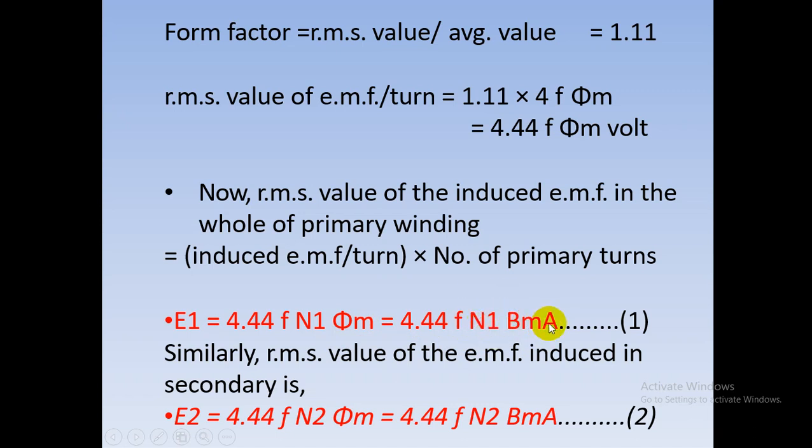Similarly, you can get the induced EMF in the secondary winding in the same manner. That is E2 equal to 4.44 f N2 phi m. When we replace phi m with Bm into A, we get 4.44 f N2 Bm A.